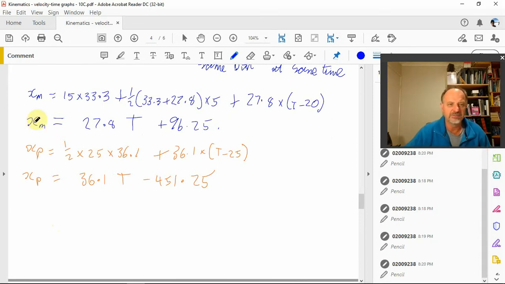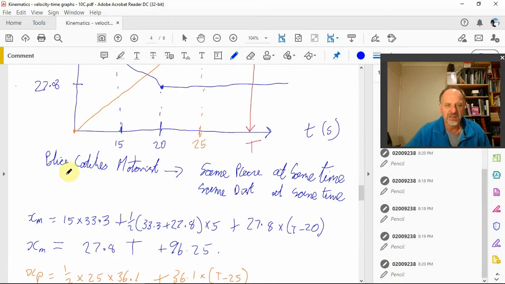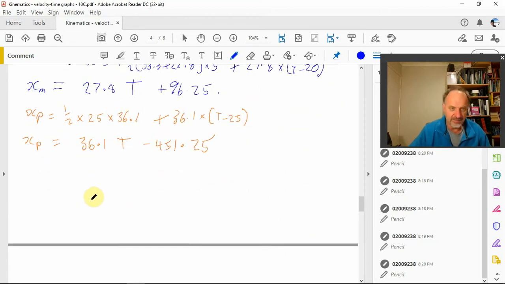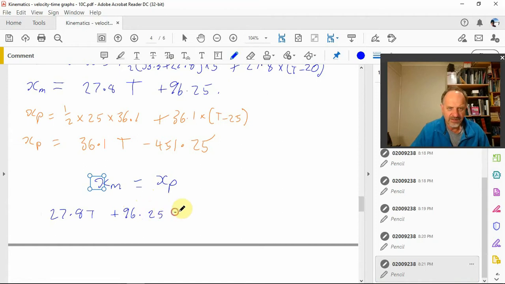So what do we know? There's our motorist and our policeman. When the police catches the motorist, they're in the same place at the same time, and so x of the motorist equals x of the policeman, and so 27.8T plus 96.25 is equal to 36.1T minus 451.25.